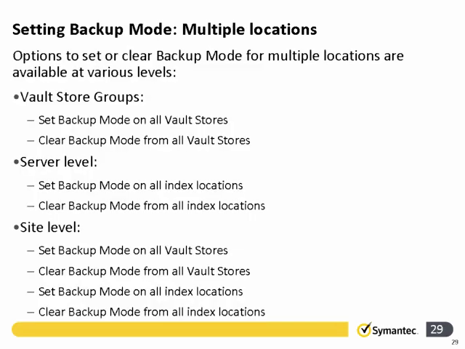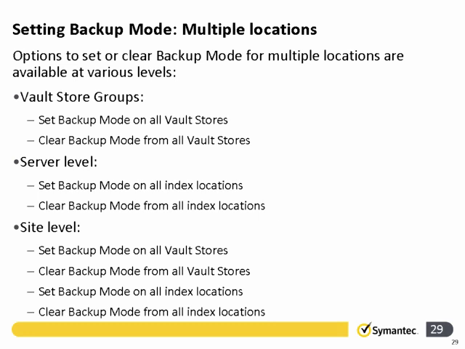Now, to set it at multiple locations, instead of having to go through and set each individual vault store or each individual index location, I can go to the vault stores container, right-click on it, and I'll have the option to set the backup mode on all the vault stores in that vault store group, or clear the backup mode for all the vault stores in that vault store group.